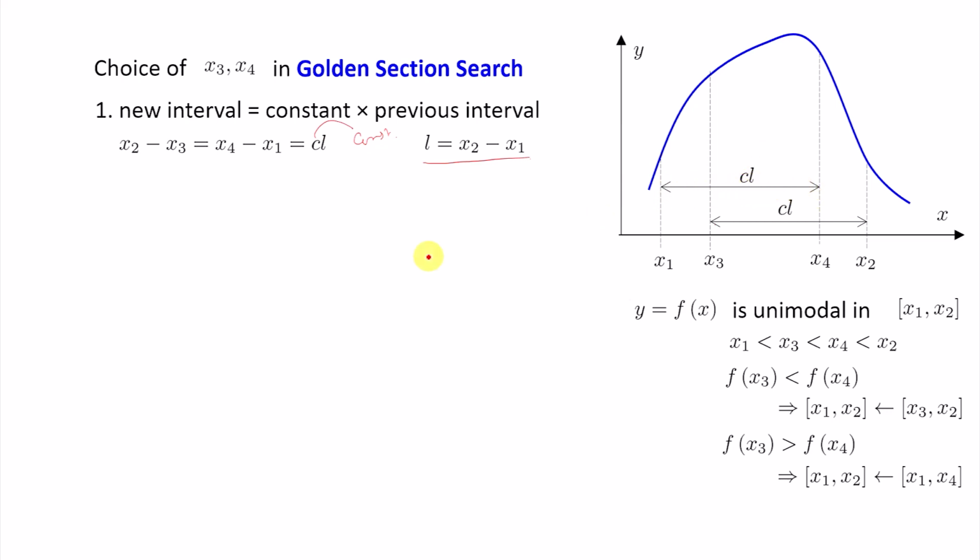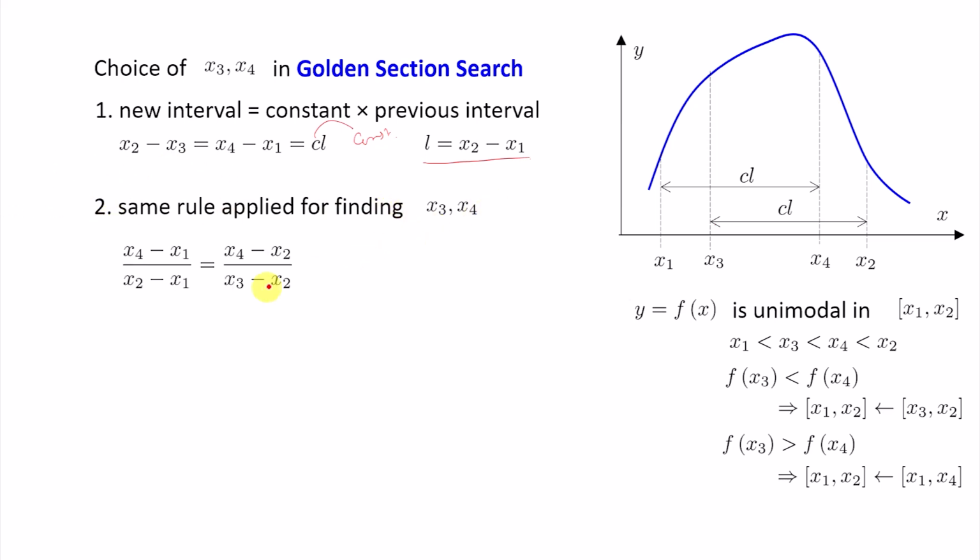For that, we come to the second rule of golden section, which says that the same rule is applied to find x3 and x4. What does that mean? Let us start from x1 and x2 first, and try to find x4. I take the ratio (x4 minus x1) divided by (x2 minus x1), which gives roughly how far x4 is from x1 compared to the total length.